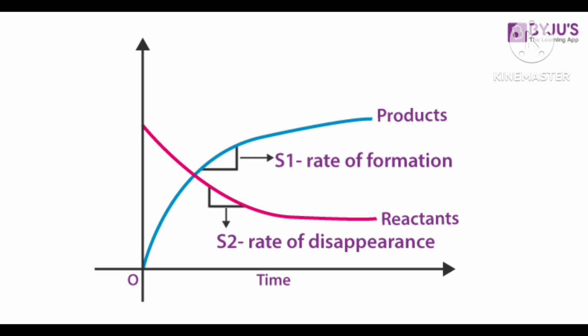Suppose you have taken solution A and another solution B. If you mix both A and B, then after the reaction it will give new product. Sometimes only one product, sometimes two products. A plus B reacted will give, suppose, two products C and D.